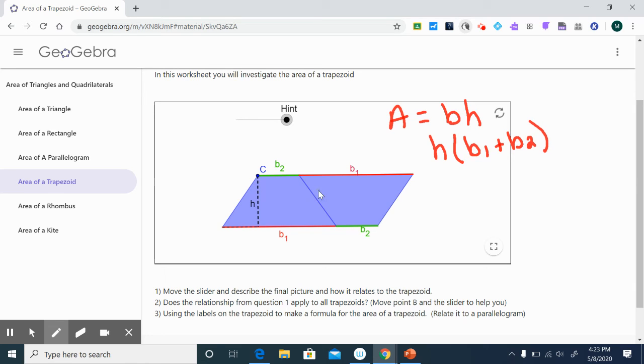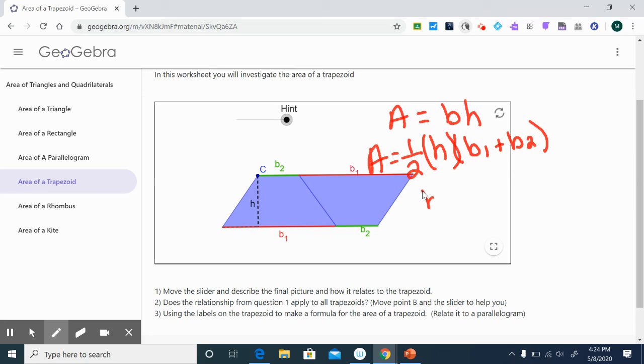Now the other thing, remember, is this parallelogram is 2 trapezoids. So if I want the area of one of them, I just need to take 1/2 of it. It's not the best writing there for my formula. So my area of a trapezoid is 1/2 of your height times base 1 plus base 2.